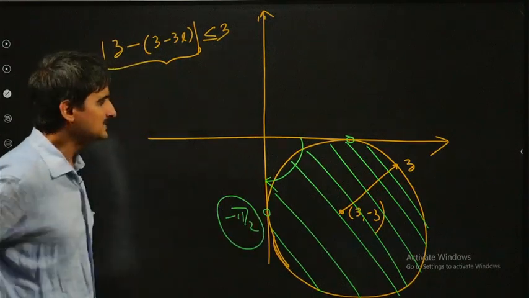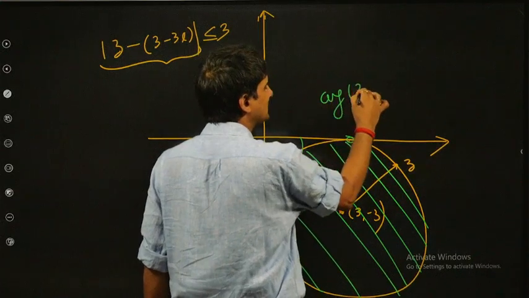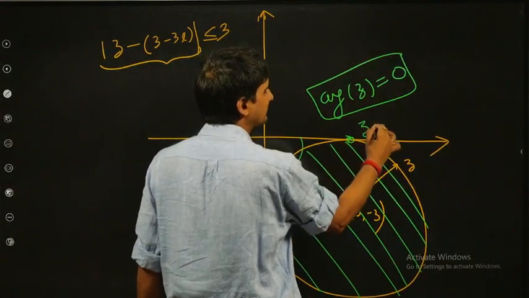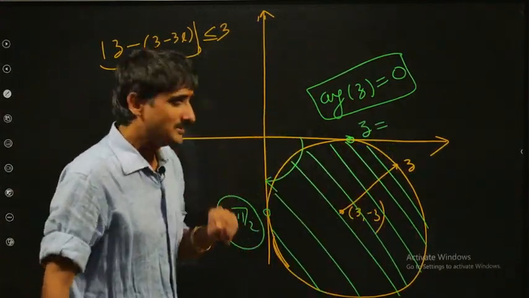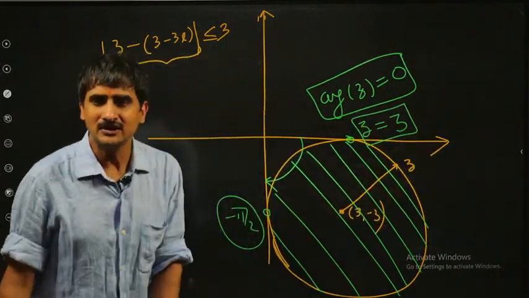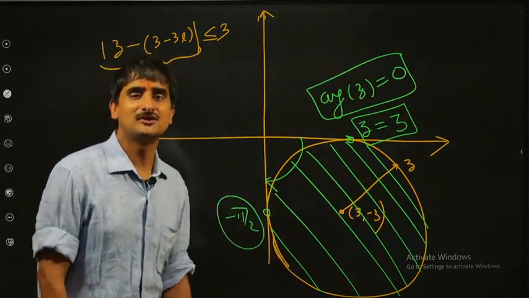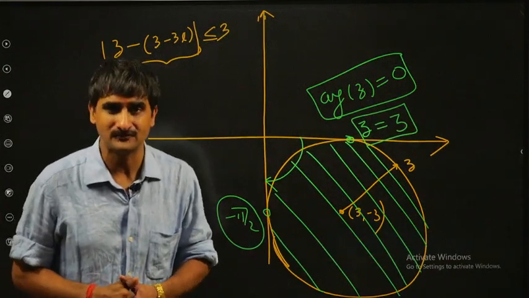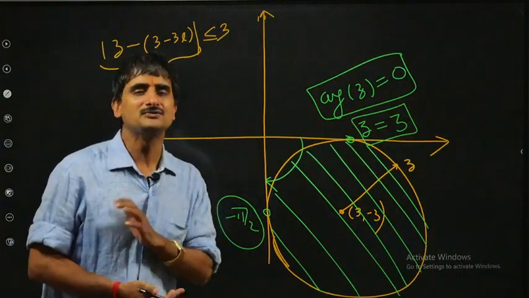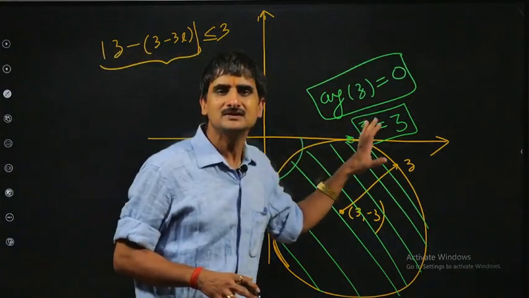But in that case, according to me, the minimum argument should be 0, and the z at which you get the minimum argument is nothing but 3 plus 0 iota, which is 3 here. Otherwise we talk about amplitude also, in terms of minimum absolute value of the argument, but according to me the answer should be 0.